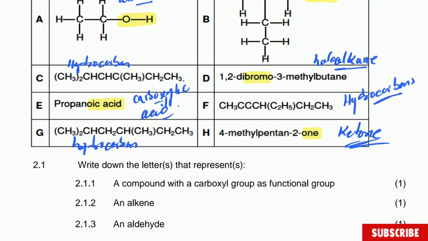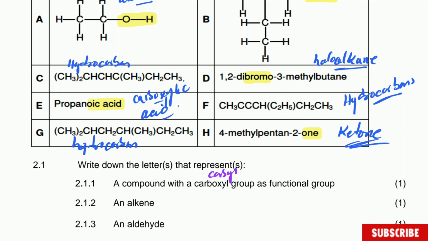If we are going to answer, say, write down the letter that represents a compound with a carboxyl group as a functional group. Now, the compound that will have a carboxyl group is a carboxylic acid. Remember, carboxylic comes from carboxyl group.